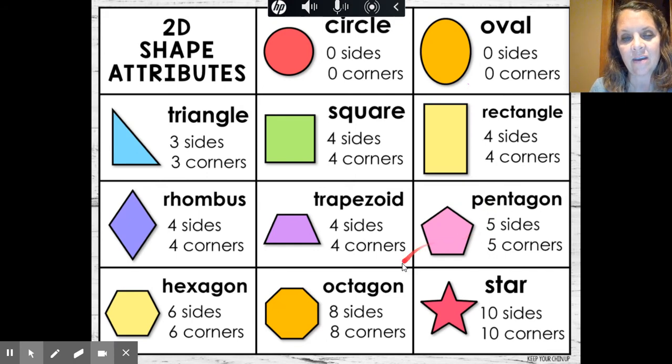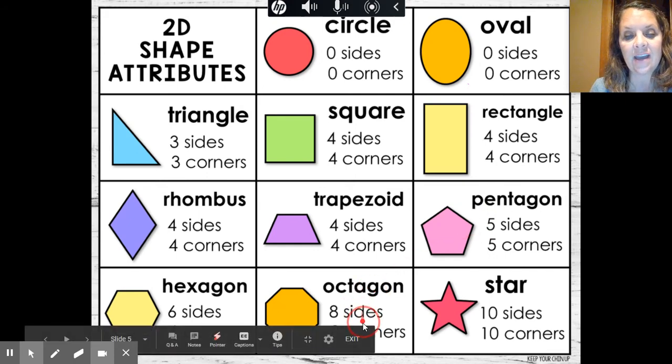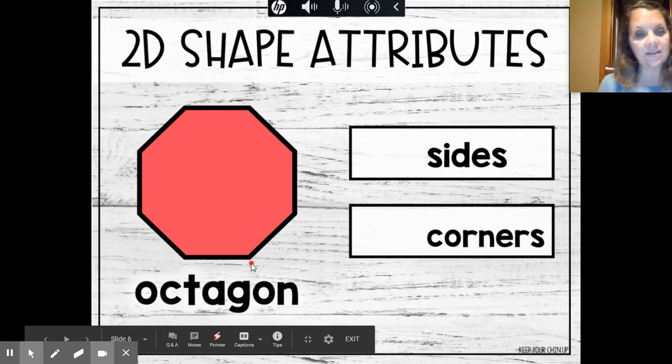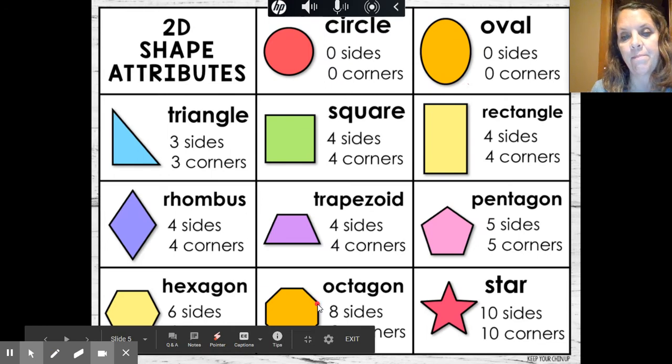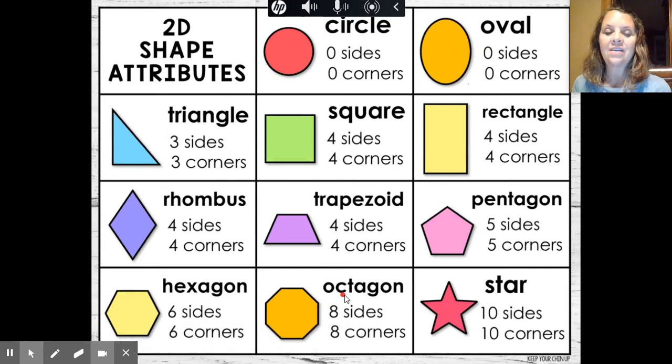Pentagon. Okay? Octagon is 8 sides, like an octopus has 8 arms, and 8 corners, like this here. Octopus has 8 arms, same as an octagon has 8 sides and 8 corners.